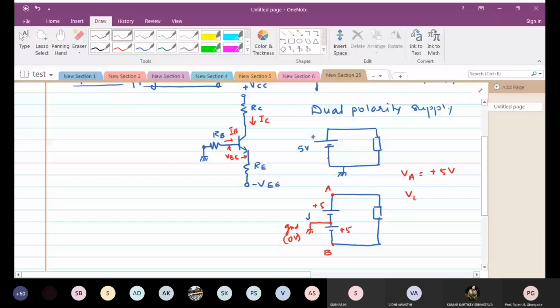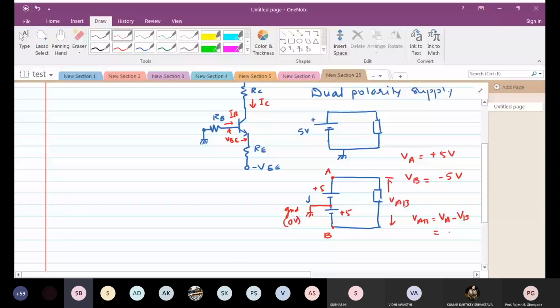So what is the voltage across the load? VA minus VB. How much is that? 0, sir? 0? How can that be? Yes, sir, 10 volts. It will be 10 volts.